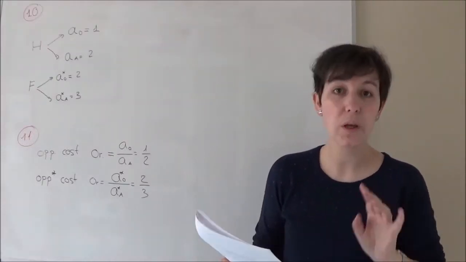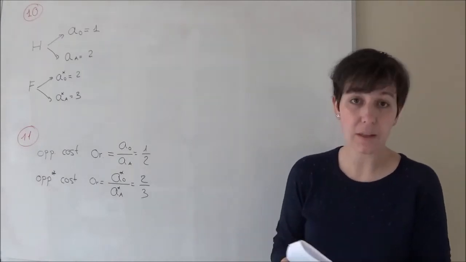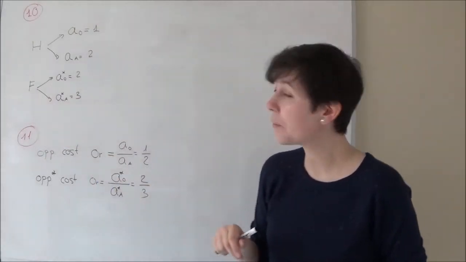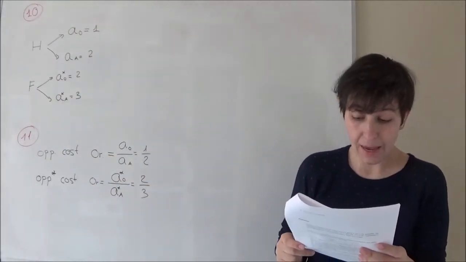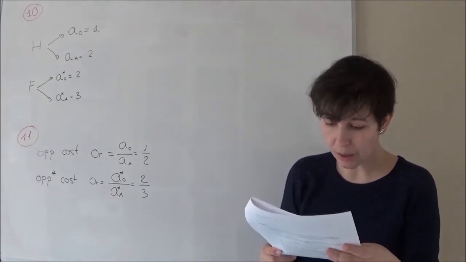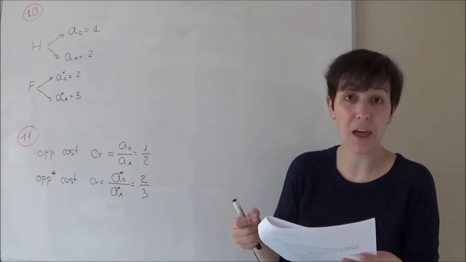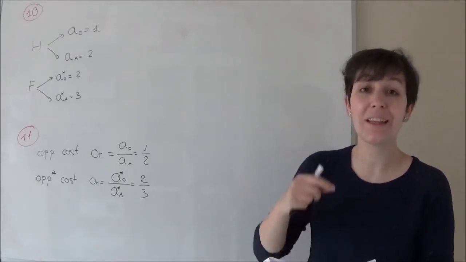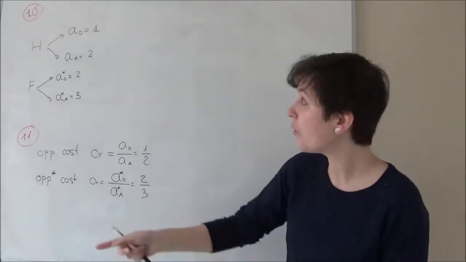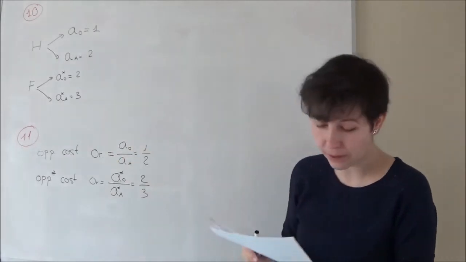Now we are going to do questions 10 and 11. Both of them are connected. So in question 10 we have two economies, the home economy and the foreign economy. Also we have the unit labor requirement in each sector, because we have the number of units of labor that we need to get 1 unit of orange and 1 unit of apple in the home economy and in the foreign economy.